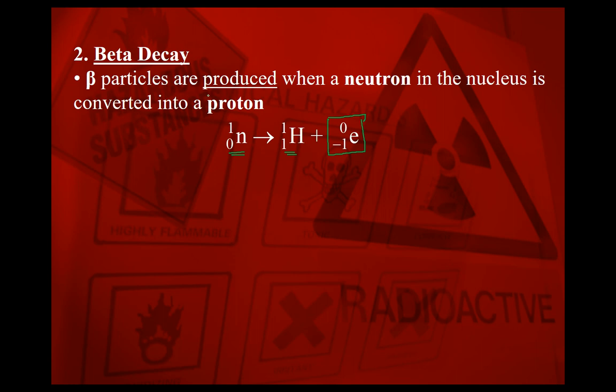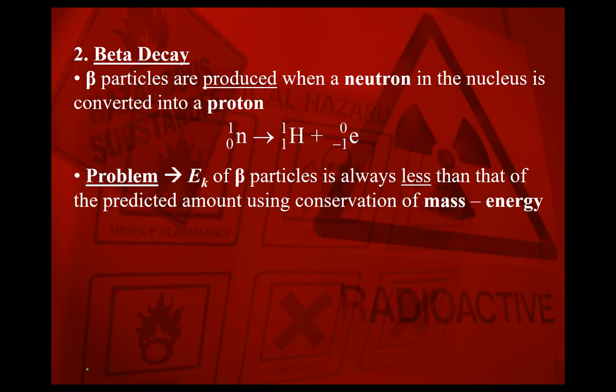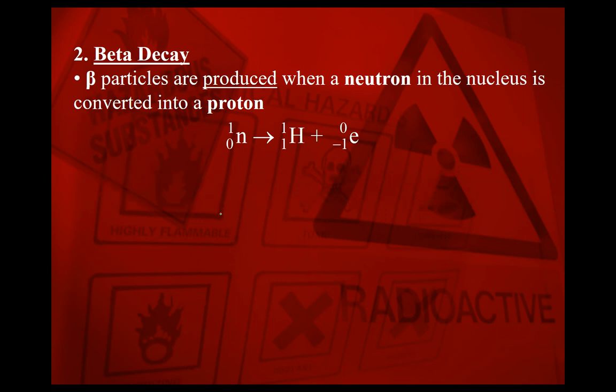But in beta decay, we do have a conversion from a neutron to a proton, and in the process, we emit a beta particle. So let's say I figure out the sum of the mass of the reactants and the sum of the mass of the products, and I calculate the mass defect again.